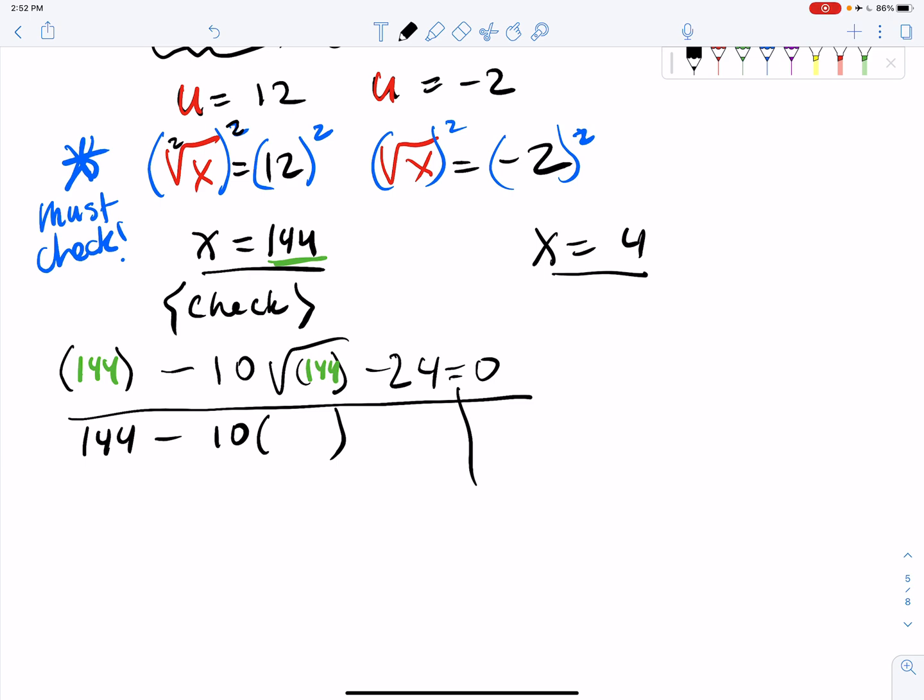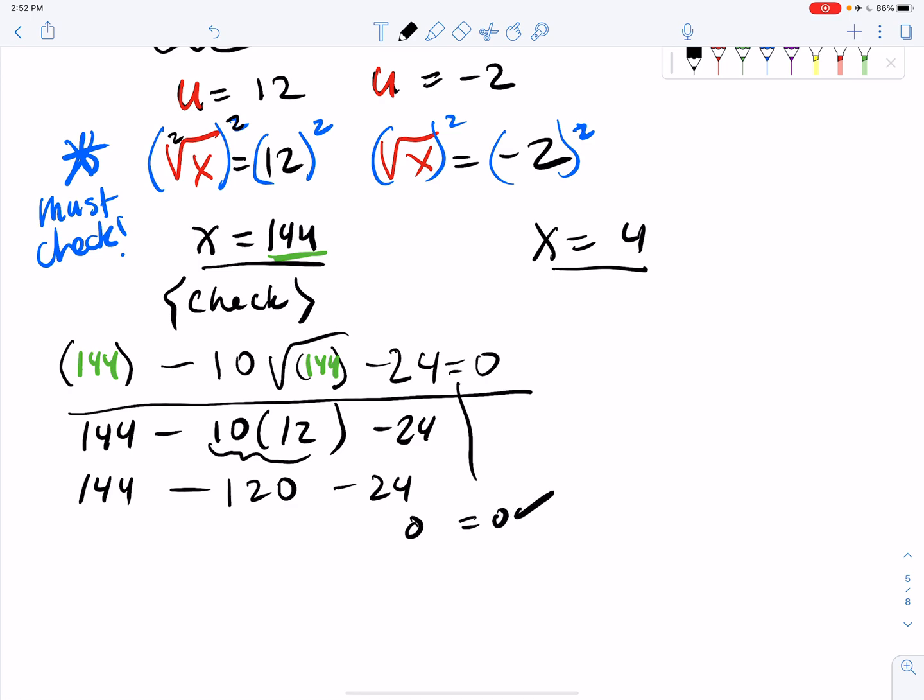Now 10 times 12 is 120, minus 24. And 144 minus 120 minus 24 is 0, which checks out. That means this is in fact a good answer, and it's checked.